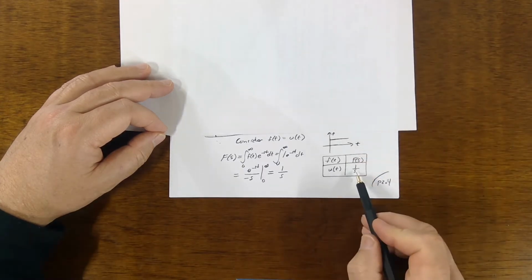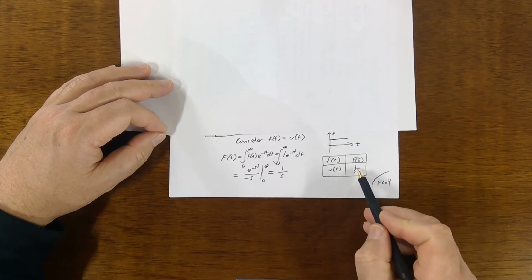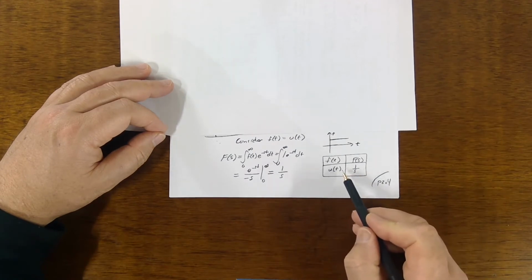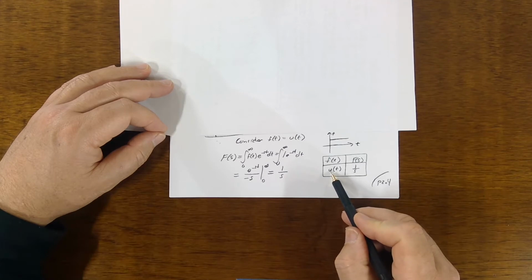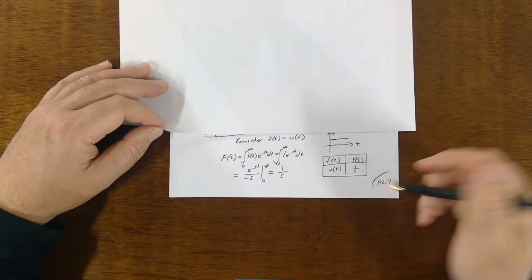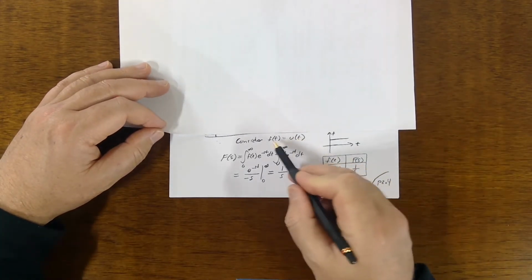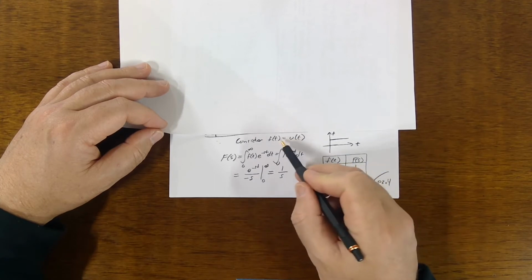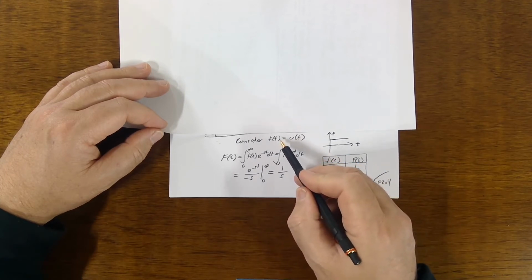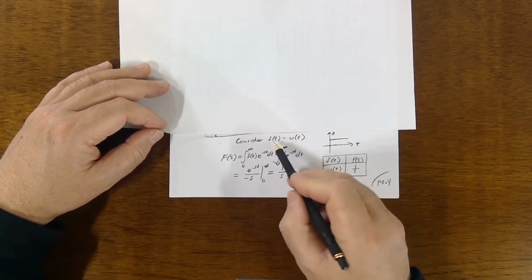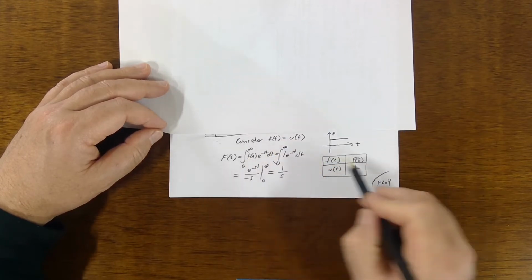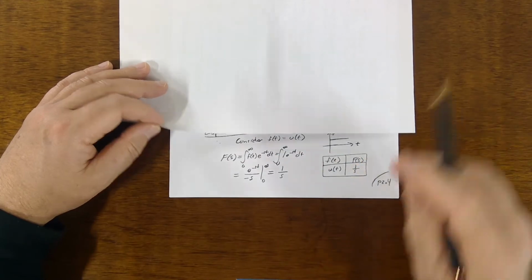Or just in plain English, 1 over s is the Laplace transform of u of t. Okay, and you can plug in all kinds of functions of t, t squared, cosine t, 2t plus 3t squared, whatever you want. Do this integral and you'll get some big F of s.